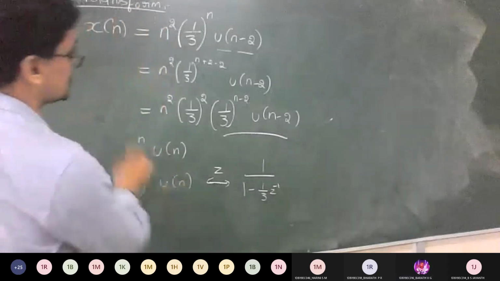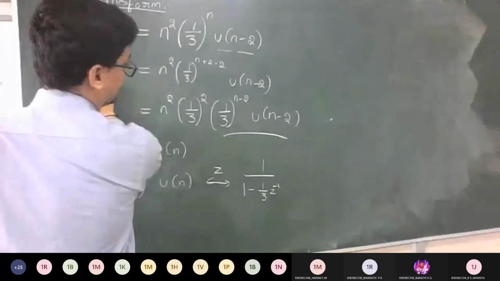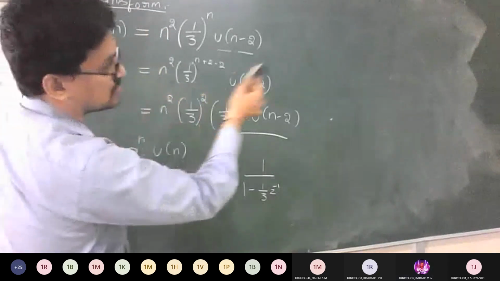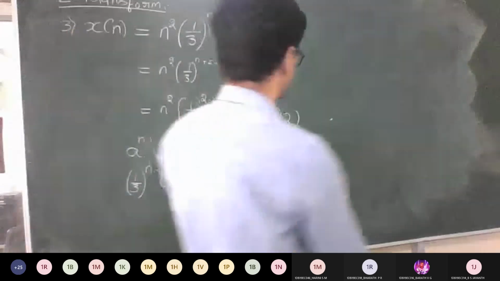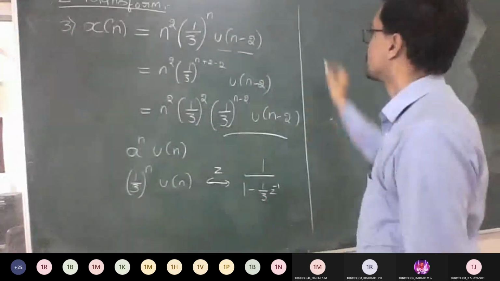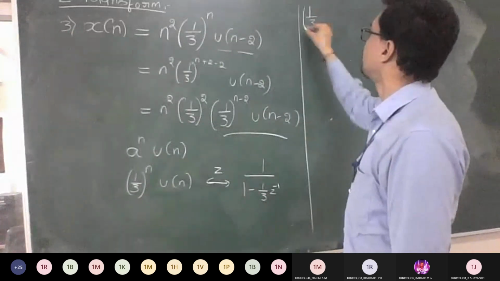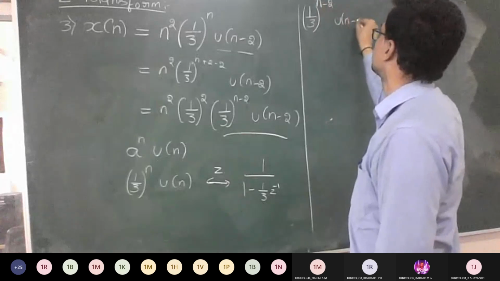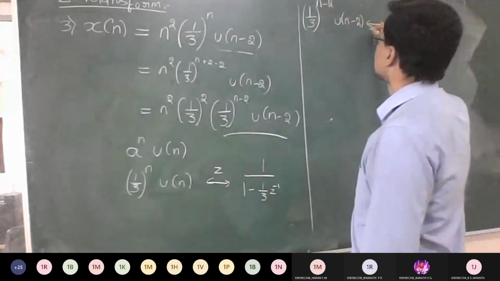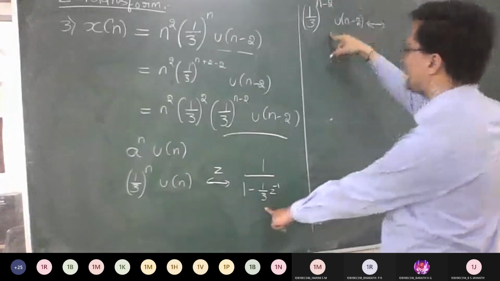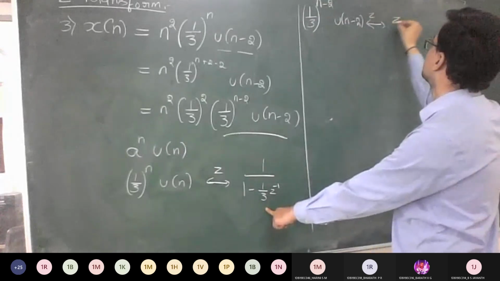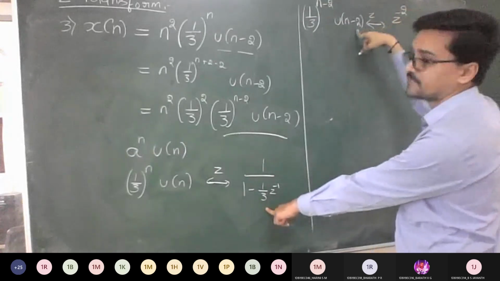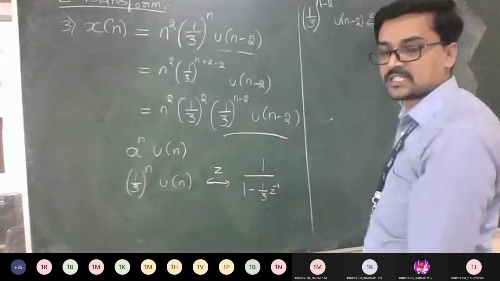Everyone? Yes. So because of that logic, if I write on that side, is it visible? Just check out, guys. So now I want 1 by 3 to the power of n minus 2 u of n minus 2. For this, if you compare, it looks like z raised to minus 2 because of n minus 2. If it is minus 1, minus 1.